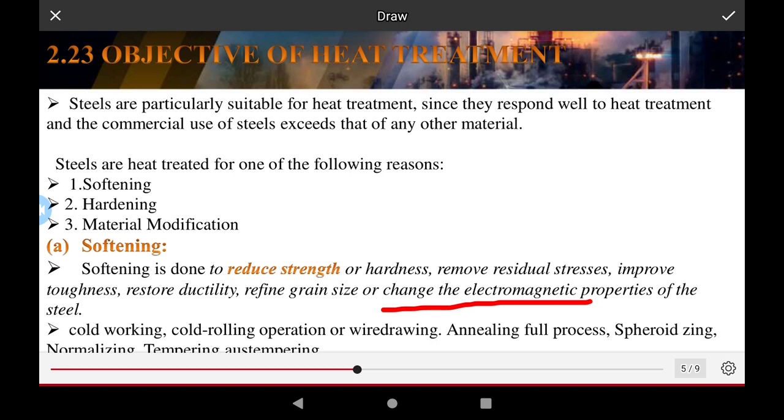Softening is used after cold working and cold rolling operations, wire drawing, annealing, full process annealing, spheroidizing, normalizing, and tempering.